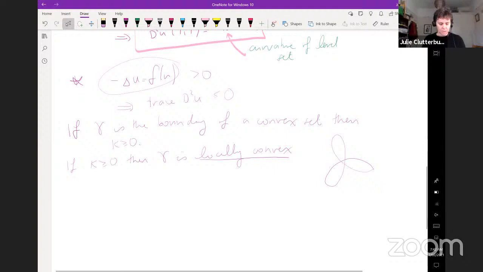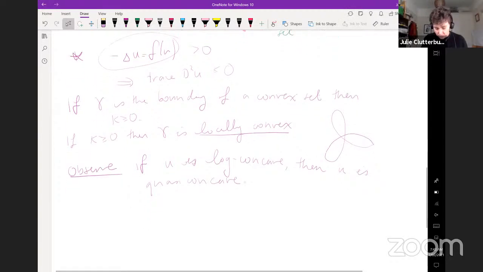So if u is log concave, then u is quasi-concave. And we can just do that.